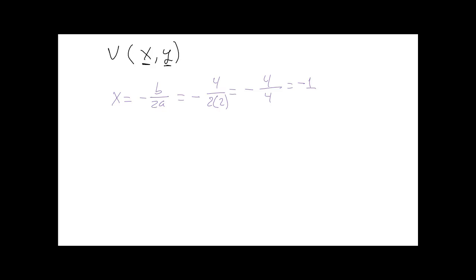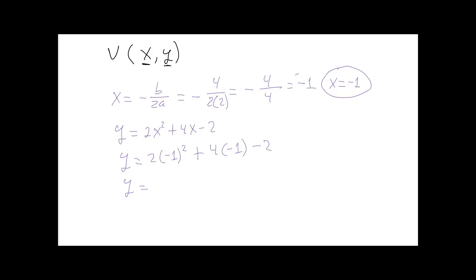Now, we're going back to our function, and we already know the value of x. X is equal to negative 1. We're going to plug in this value instead of the x: 2 times negative 1 to the second power plus 4 times negative 1 minus 2.